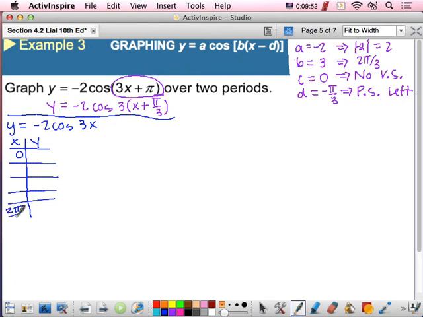Oh, not pretty. Okay. What's halfway between 0 and 2 pi over 3? Pi over 3. Half again, pi over 6. So let's see if we can count this off. That's 0, 1 pi over 6, 2 pi over 6, 3 pi over 6 is pi over 2, yeah, so that should be pi over 2. And that would be 4 pi over 6. So that would mean that it's 2 pi over 3.